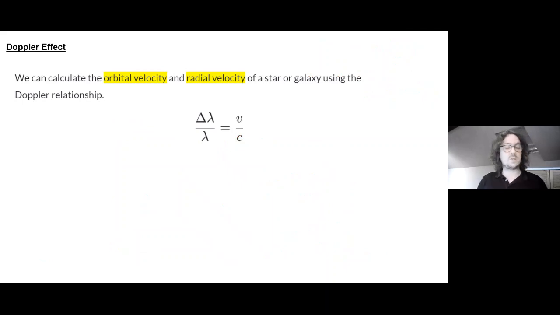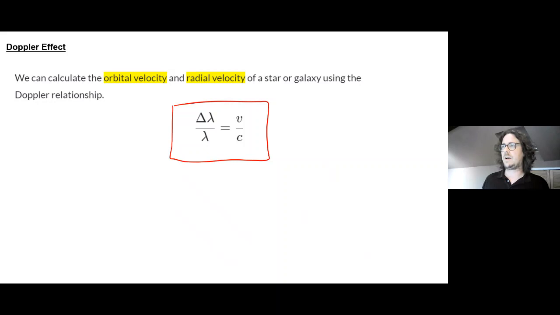Another important bit of physics you're going to need for the next set of questions is going to be to do with the Doppler effect. Now, the Doppler effect is the apparent change in wavelength due to an object moving towards or away from us, and in particular, a wave source moving towards or away from us.